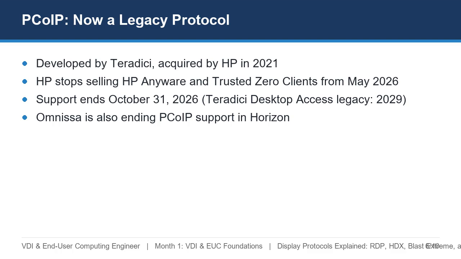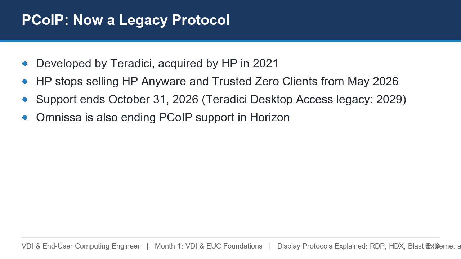PCoIP was developed by Teradici, acquired by HP in 2021, and was historically the default protocol for VMware Horizon before Blast Extreme matured. As of 2026, you should treat PCoIP as legacy. HP announced it will stop selling its PCoIP-based HP Anywhere product and Trusted Zero client hardware starting May 7, 2026, with support ending October 31, 2026.